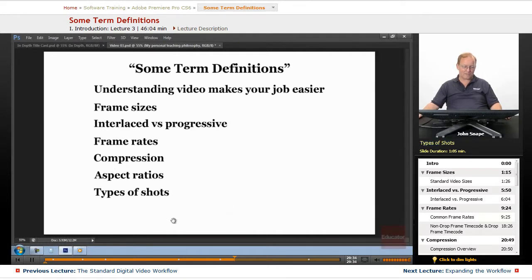Now, the types of shots. These are some shot types that you should know if you're doing the filming. If they say, I want a 2-shot, you should know what they're talking about. If they say, I want a slow-mo of this, then you should know what that's talking about. If they want an extreme close-up, you should know what they're talking about. I'm going to show you a little video, and I'll talk during the video so I can tell you what you would use these shots for.